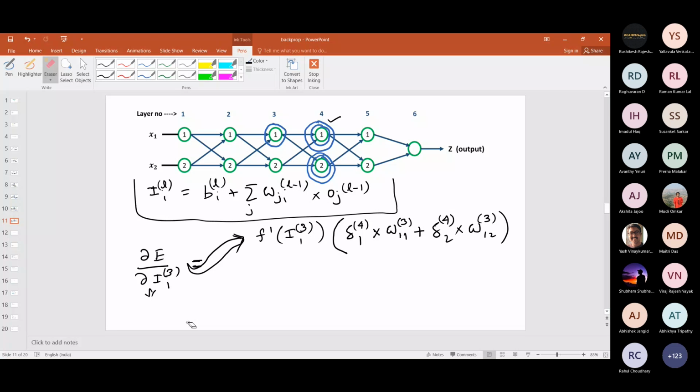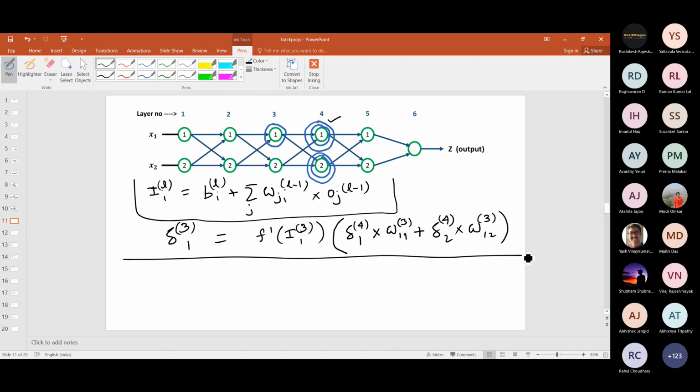So this is actually delta 3 1. I hope you do not have any problem with this one. Now, the algorithm is all about generalization. If you come up with a generalized formula, this is for a specific thing. Now, for every node, I have to compute this number, and then I can basically use it.